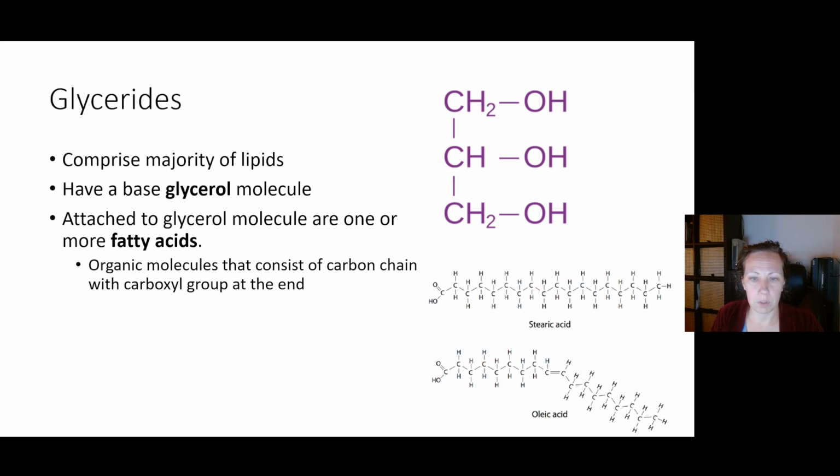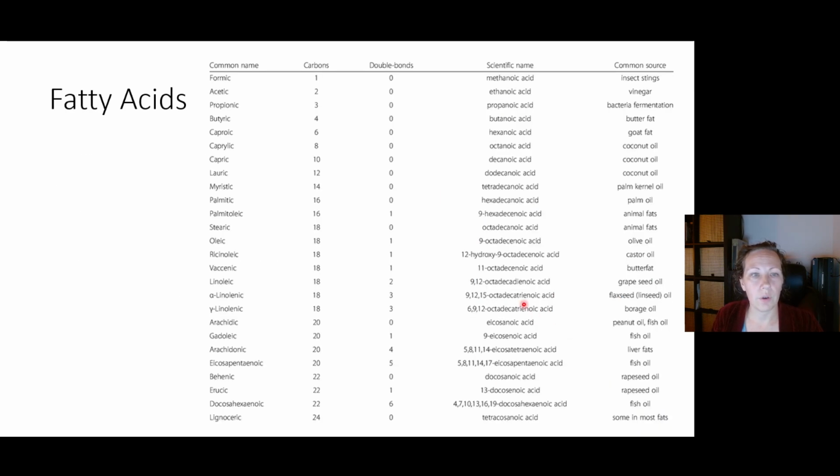Here are two examples of fatty acids: stearic acid, which has 18 carbons here, and oleic acid, which also has 18 carbons, but it also has a double bond here in the middle. And we'll talk more about that. So here's just a list of the fatty acids, and they are classified by the number of carbons that are part of the fatty acid.